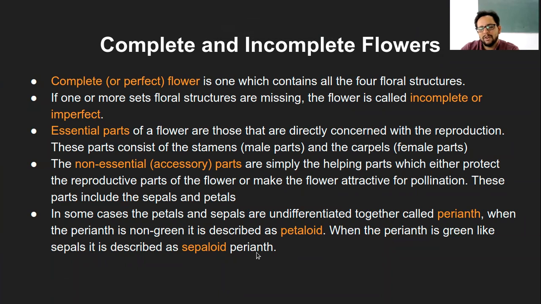So based on which component, petal or sepal, is more prominent, the perianth can be classified into petaloid and sepaloid perianth. Perianth refers to the fusion of petals and sepals in which you are not able to differentiate these two structures separately. In most cases, you see green sepals and colorful petals, but in perianth flowers, you don't see them separate. They are fused together.